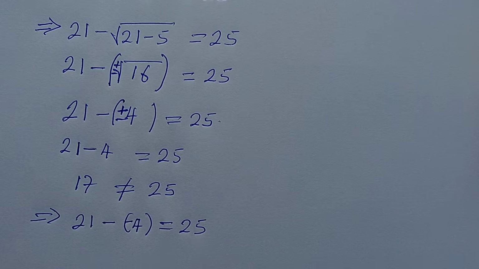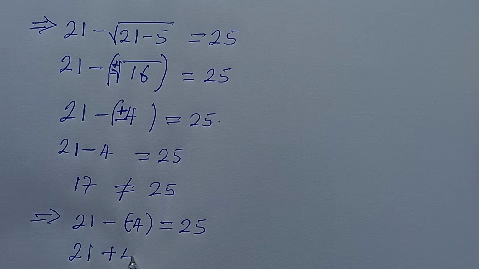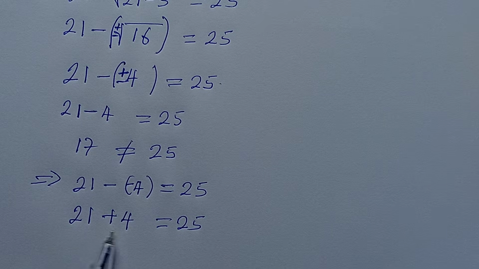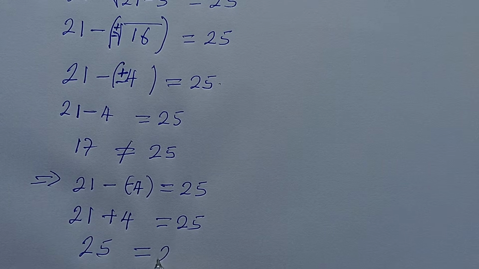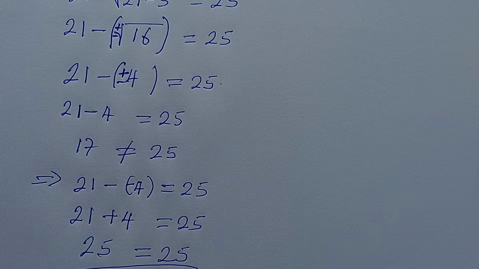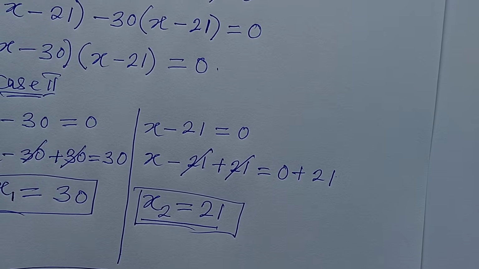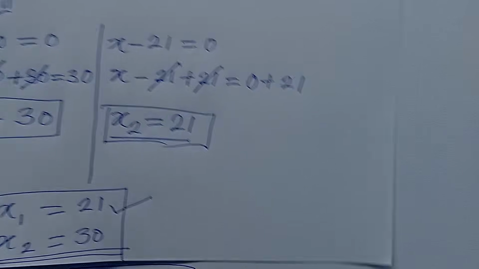And so minus times minus gives us plus, so 21 plus 4 is equal to 25. If we add 4 to 21, that gives us 25 equal to 25. So the first root we solved for, x equal to 21, satisfies the original equation.